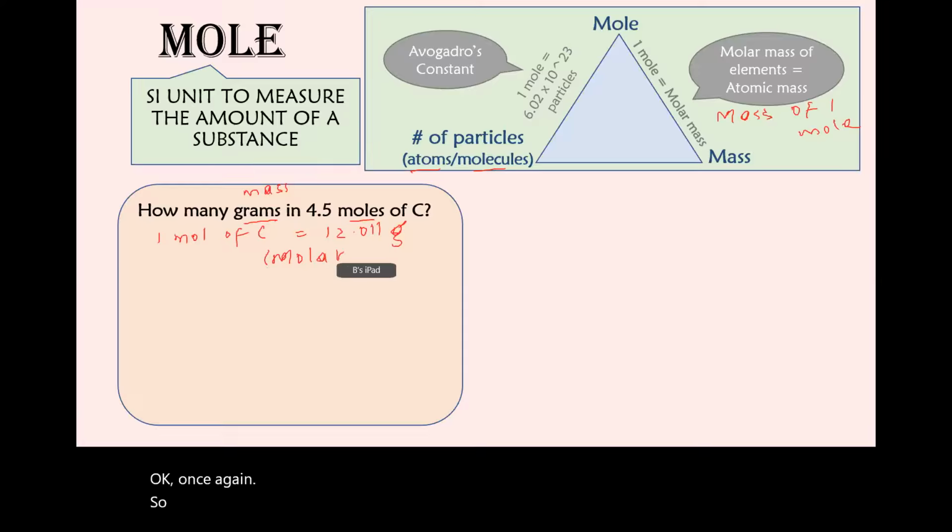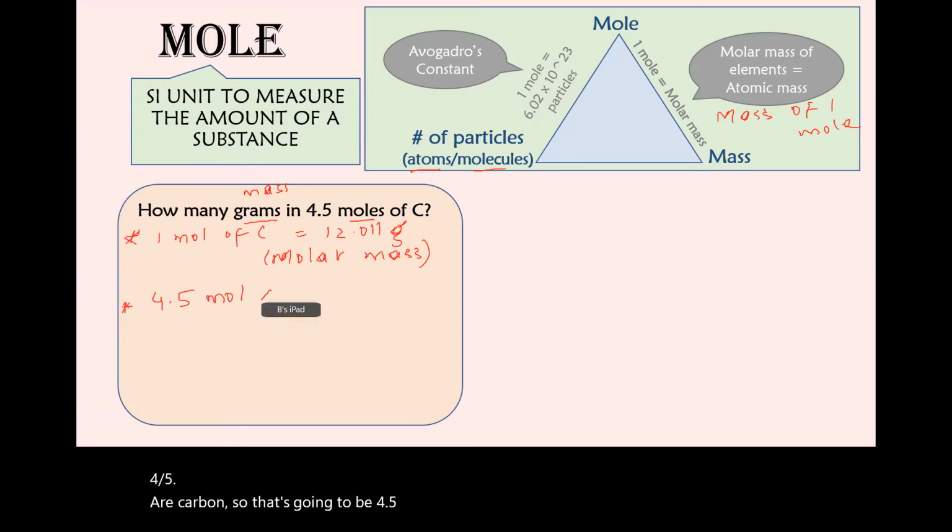So this right here is your conversion factor. The second thing that we do in dimensional analysis is we start with what's given in the question. In this case, we are given 4.5 moles of carbon.